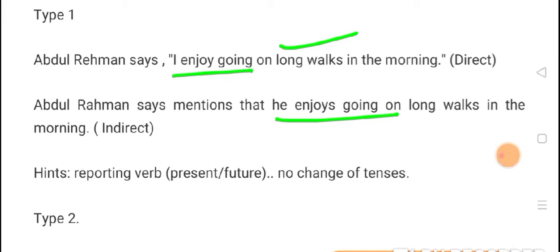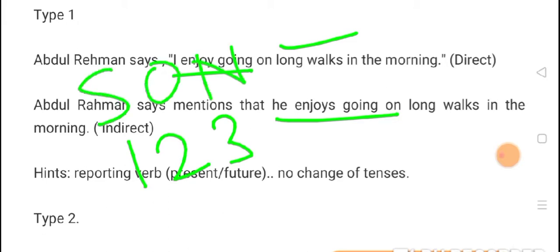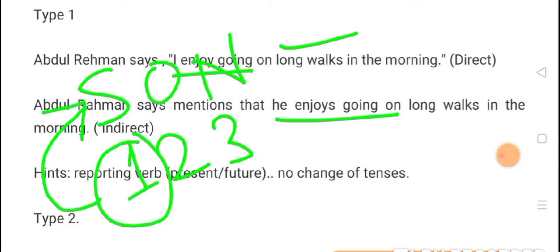So there is a rule we have to know: 1, 2, 3. That is called first person, second person, third person, and then subject, object, and no change. If in reported speech you get first person, it will be changed into the subject of the reporting verb.